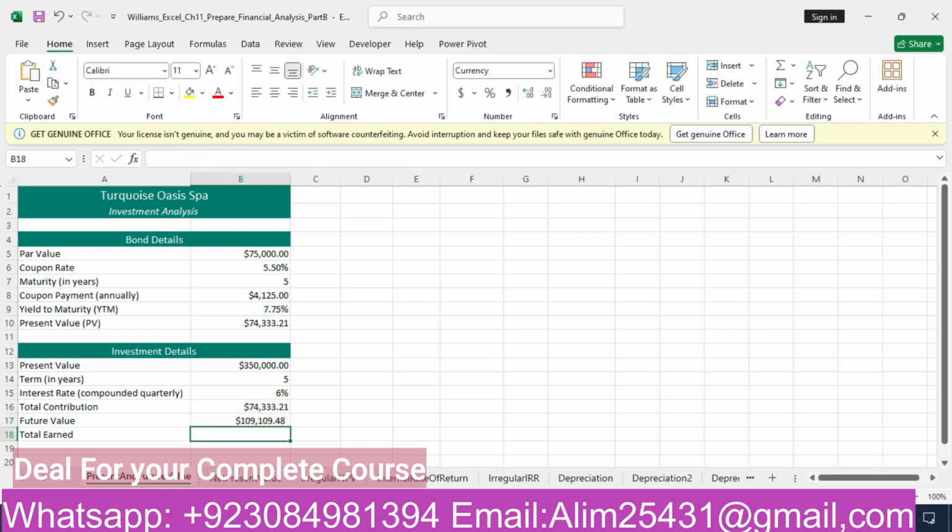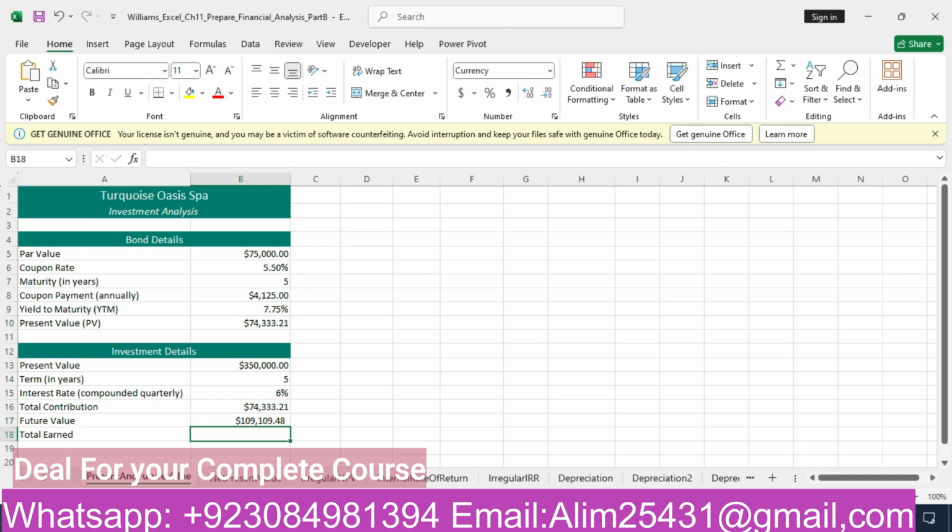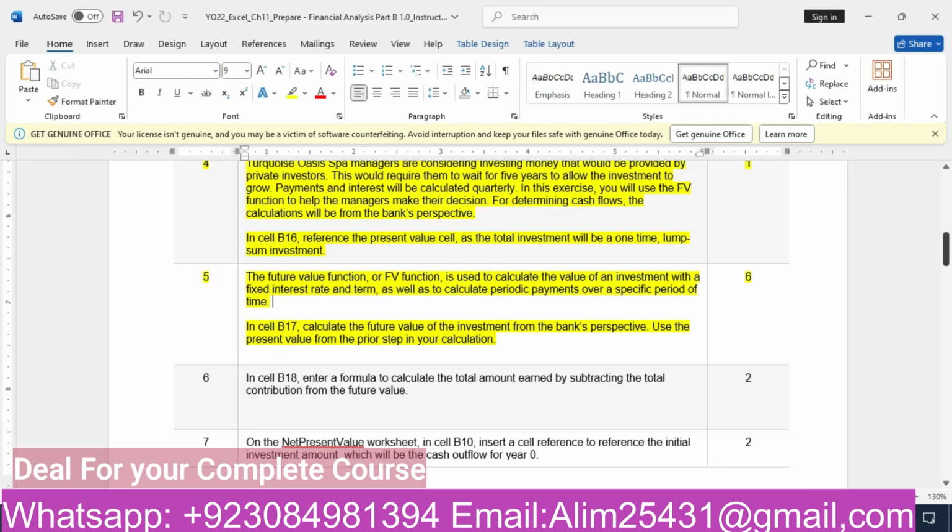So we have got our future value in the cell B17 by using this formula: B9 divided by 4, that is our yield to maturity YTM percentage divided by 4, and B14 multiplied by 4, that is the term, and 0 and minus B16 as the total contribution, and 0 at the end for the type, and press enter. So we will get our result in our cell. So that's our fifth step.